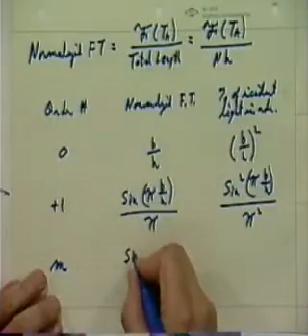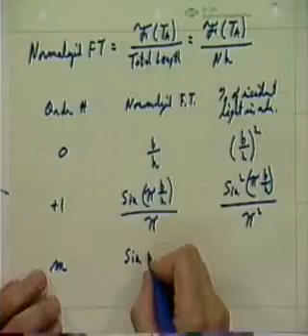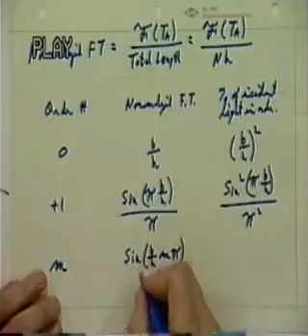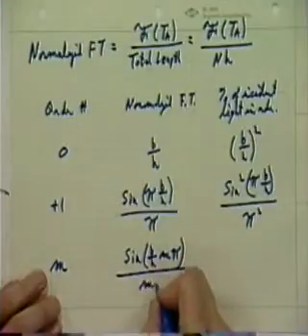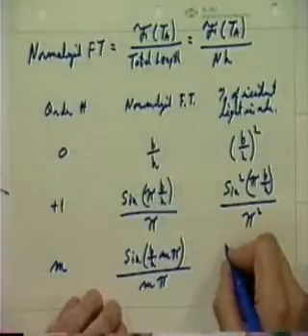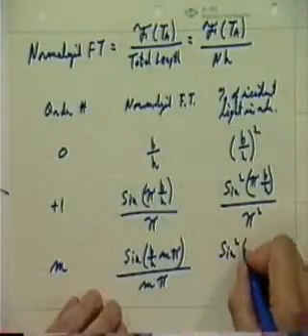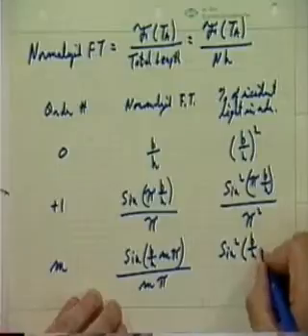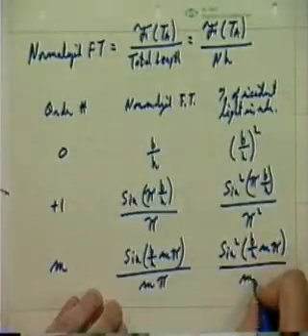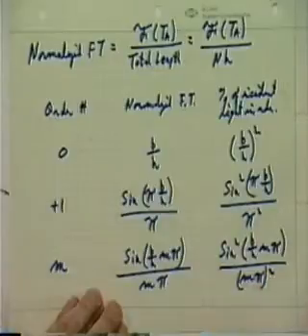Normalized Fourier transform becomes sine of b over h m pi divided by m pi, and this then becomes sine squared of b over h m pi divided by m pi squared.